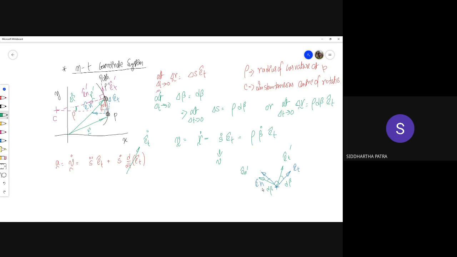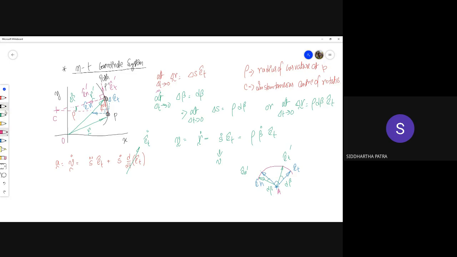Now En prime, Et prime, En, Et, all of these are unit vectors. So the length of each of them is how much? 1. If this is O, let's call it A. So if I take a center at A and take all of those unit vectors, I can plot a circular arc through them, because all of these are unit vectors, so they have the same length.